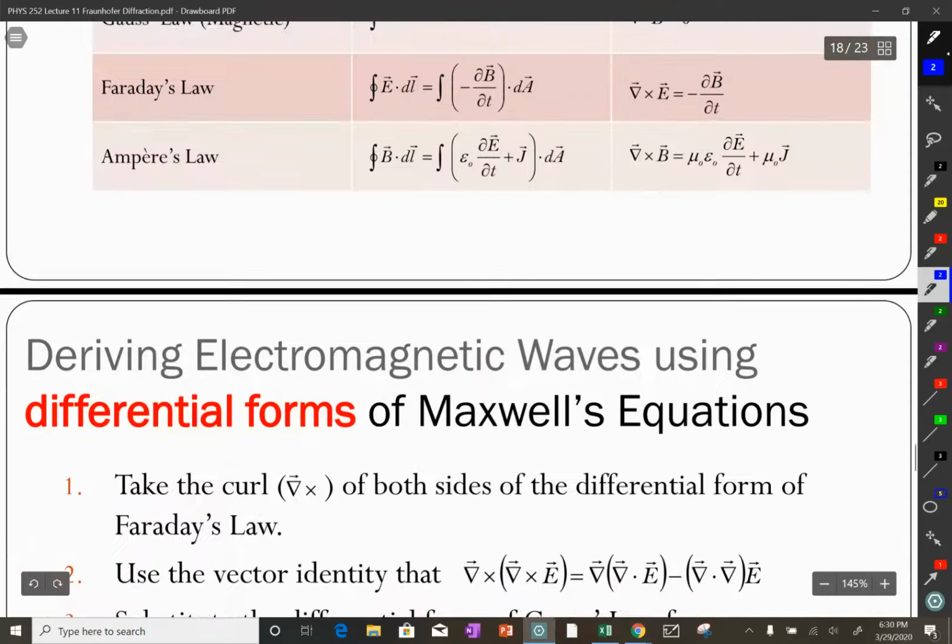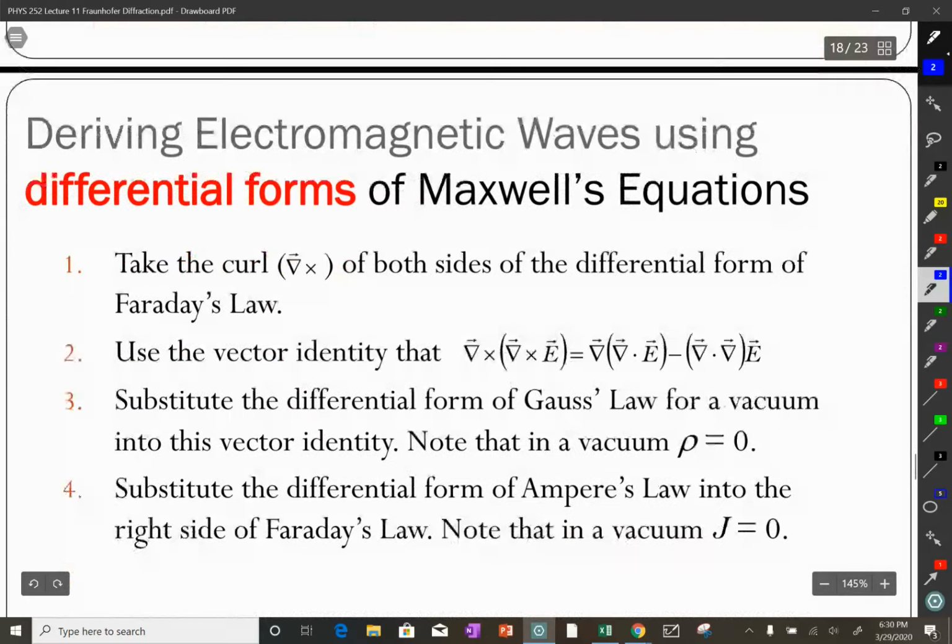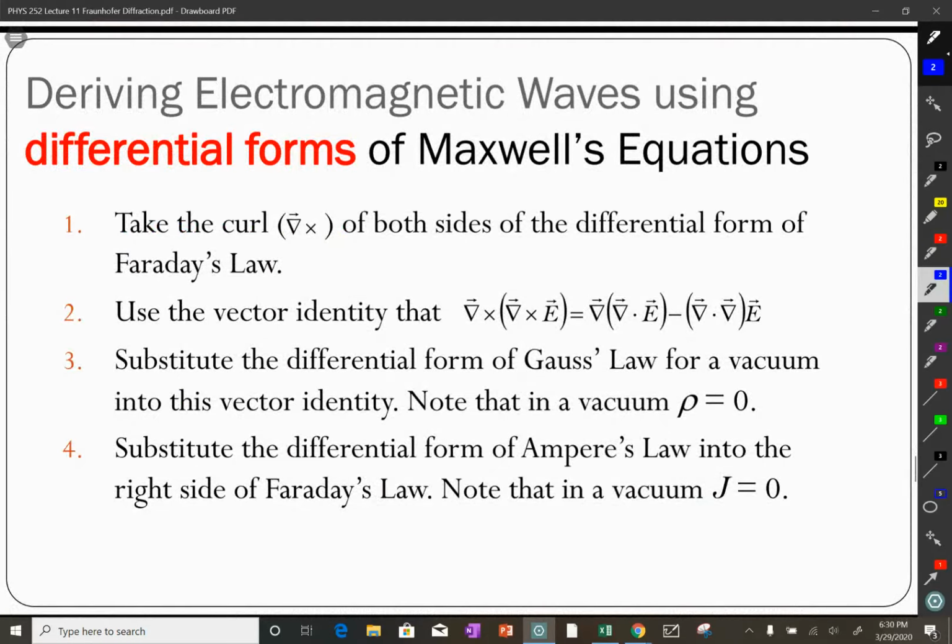Now, to derive an electromagnetic wave equation, we use the differential forms of Maxwell's equations. We went through this, so just go back and look at the slide if you want to go through it in detail. We take the curl, that's del cross, of both sides of the differential form of Faraday's law.